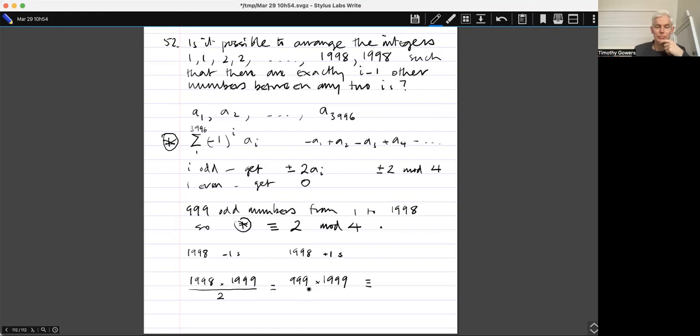And maybe that's the point, actually. I think that is the point. I think that's all I need to say. So I was overcomplicating things by saying it was 2 mod 4.